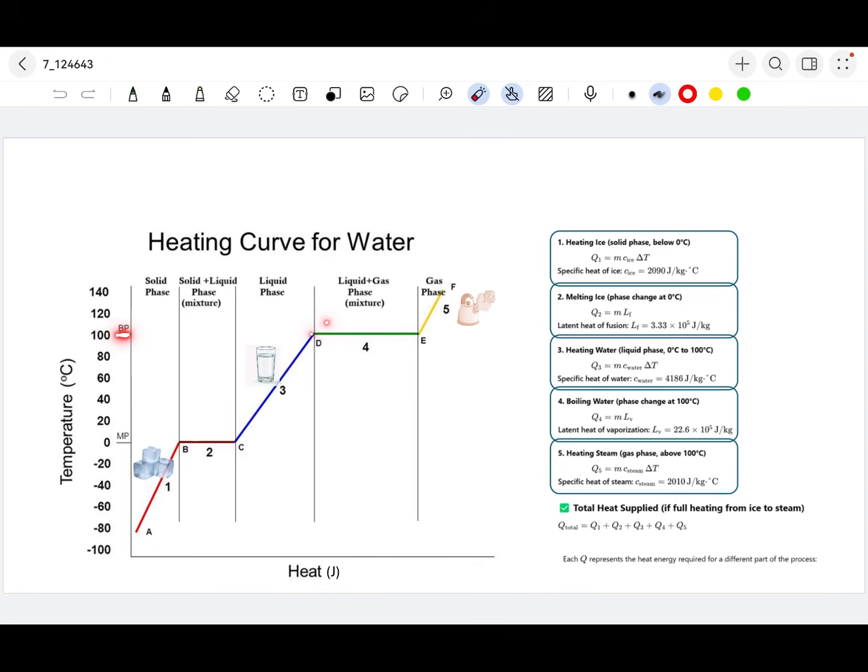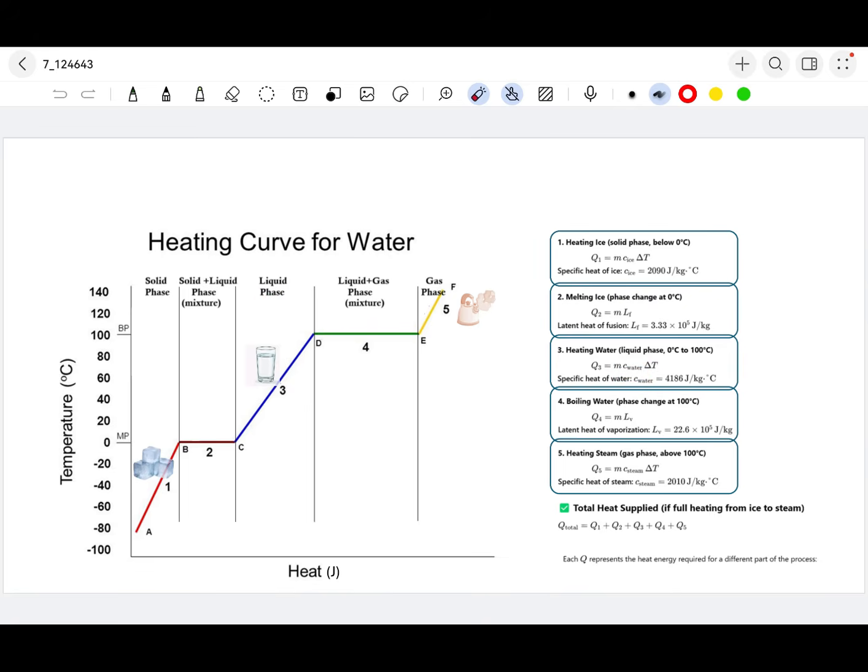It remains in the liquid phase, and the heat energy only increases the temperature. Increasing the temperature means specific heat, so we use the concept of specific heat. The third step: Q equal to mc delta T, where C is the specific heat of the water.